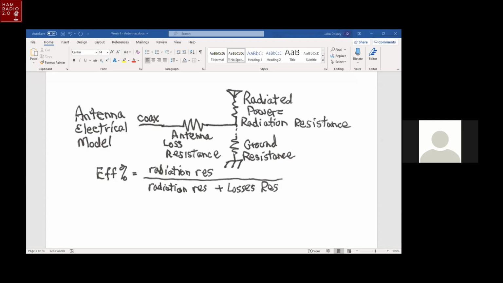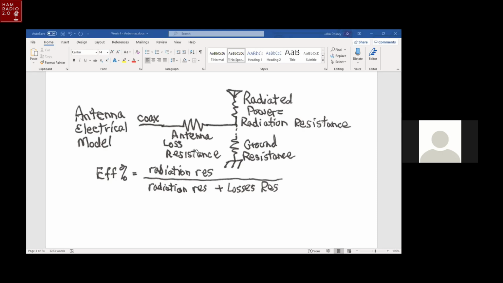And you have a ground resistance, which can include loss resistance in the antenna itself, such as poor connections in a Yagi antenna, so that the elements of the Yagi have resistance in series with them. So when currents flow, you lose power. That's a loss. That's part of the antenna loss resistance.